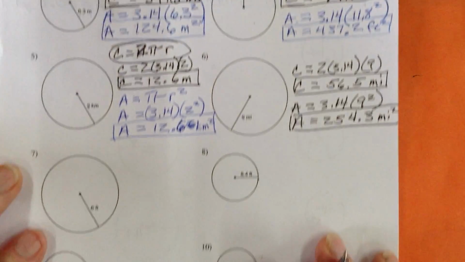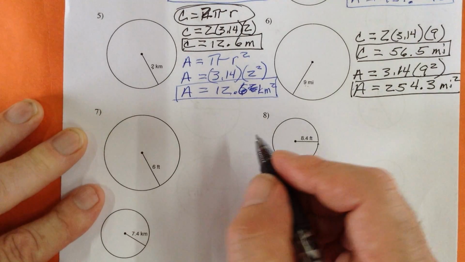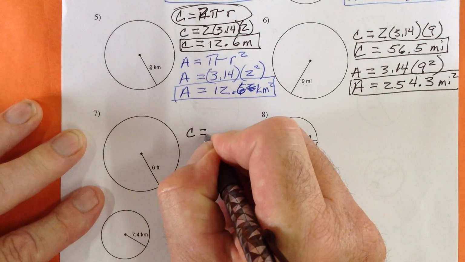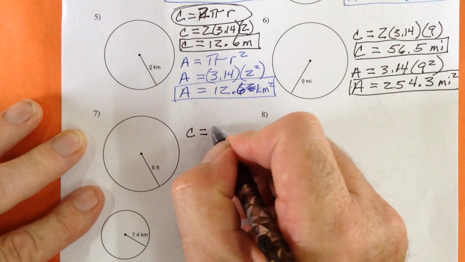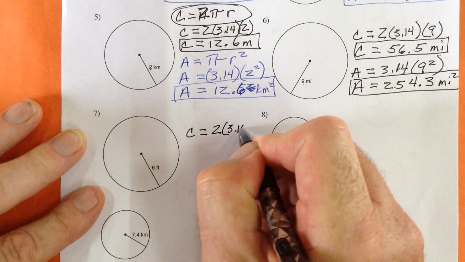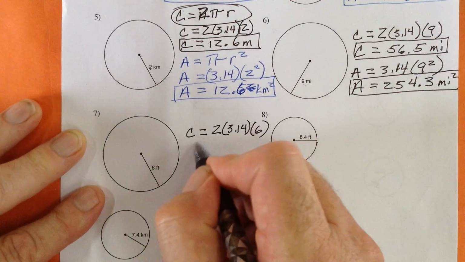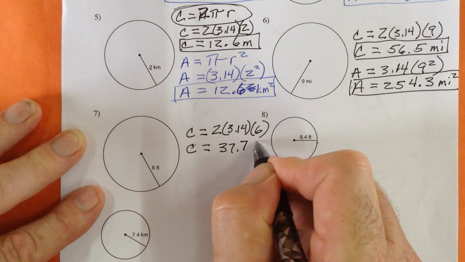Okay. Number 7. Number 7, the circumference is 2 times 3.14 times 6, and the answer I got was 37.7 feet.